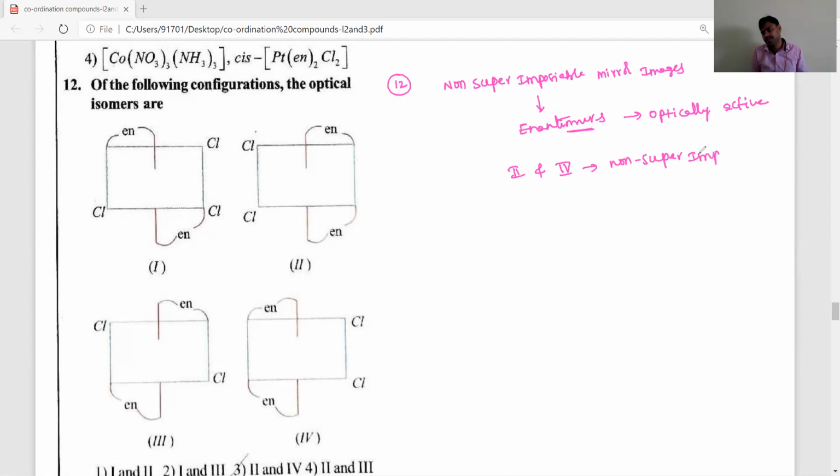Non-superimposable mirror images, hence they exhibit optical isomerism. So the answer is the third option. If you observe the first and fourth, they are non-superimposable mirror images.